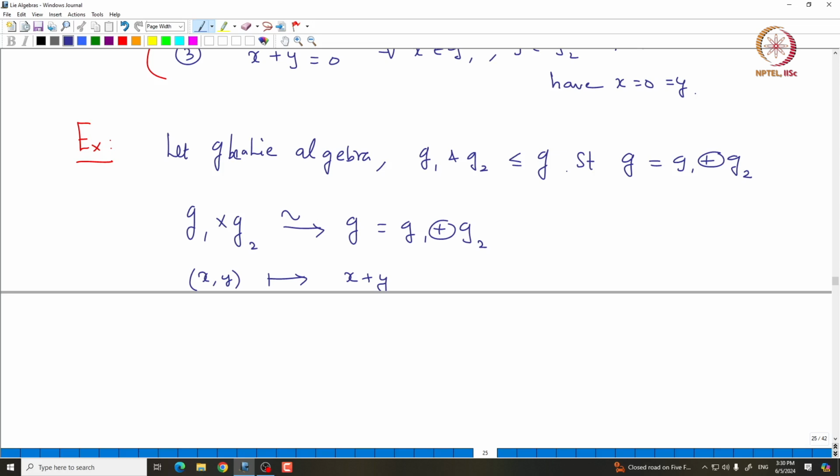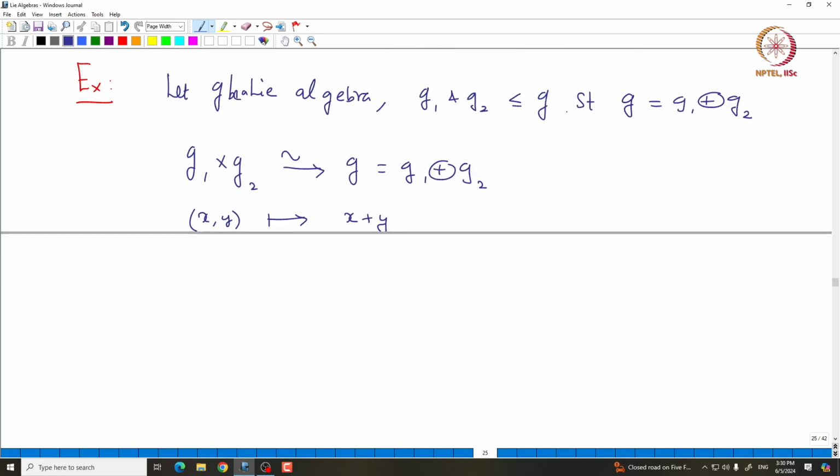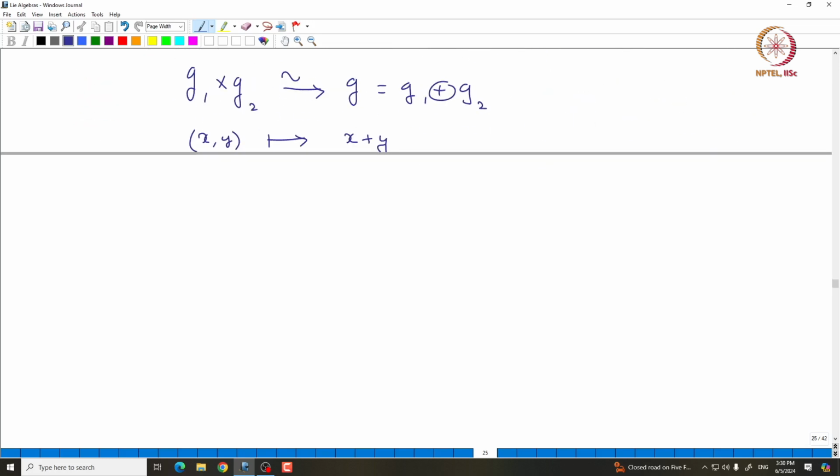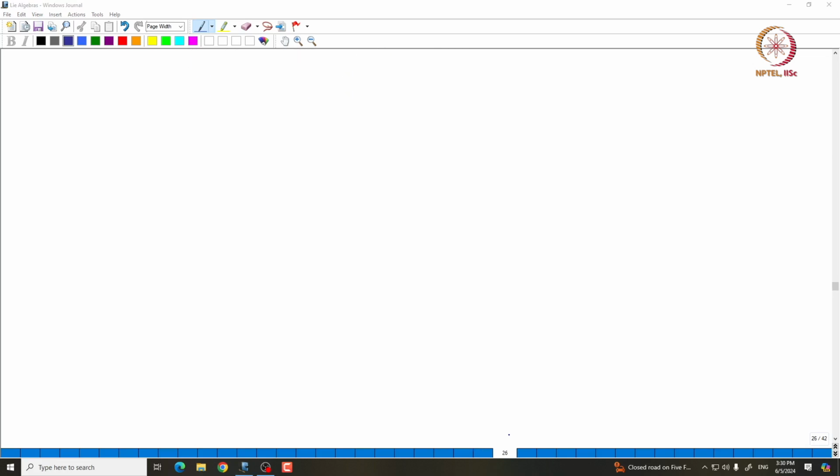Now we will get back to GLn and SLn and understand their structure. Let us recall some of the things. What is GLn? GLn is the set of all n by n matrices.